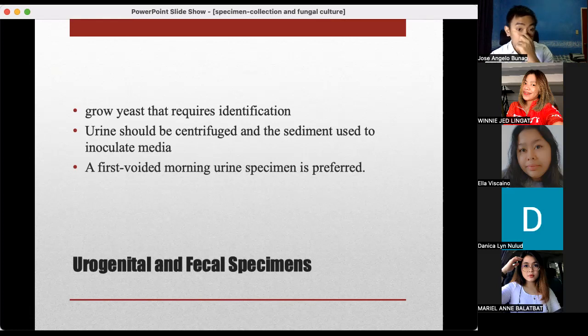So you just need to empty the bladder and perform prostatic massage and inoculate directly. Usually po, if the patient is somehow suspected to have fungal infection, you could recover blastomycosis, coccidioidomycosis, and histoplasmosis.